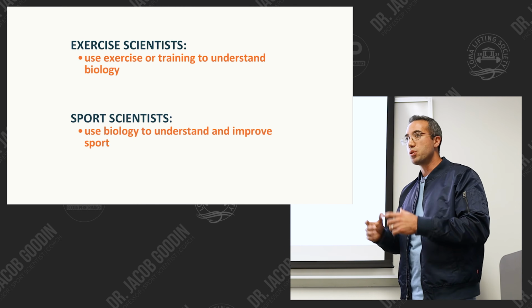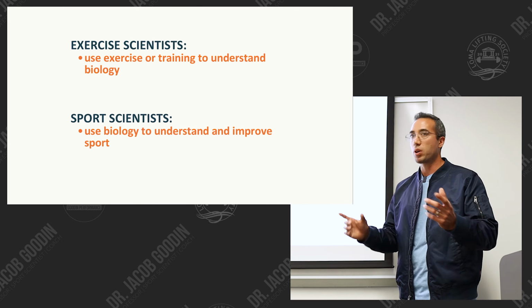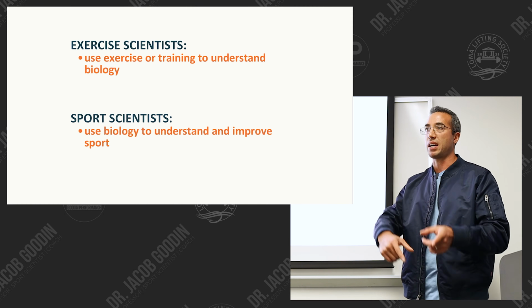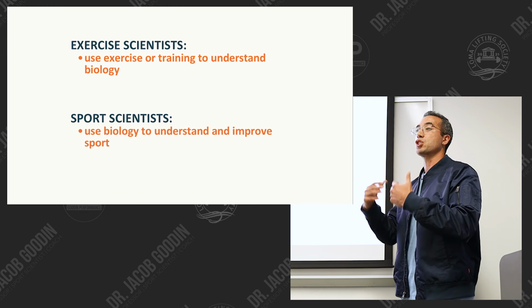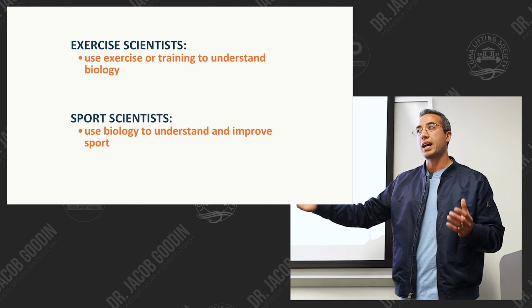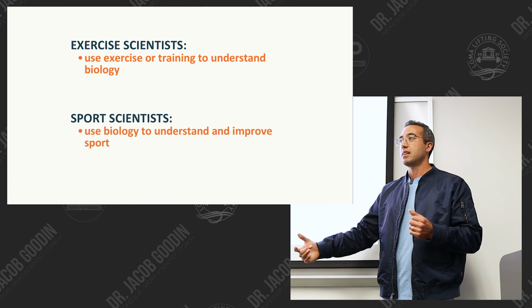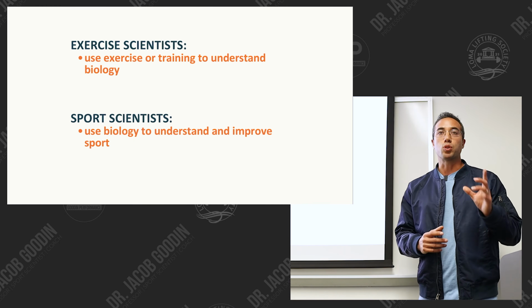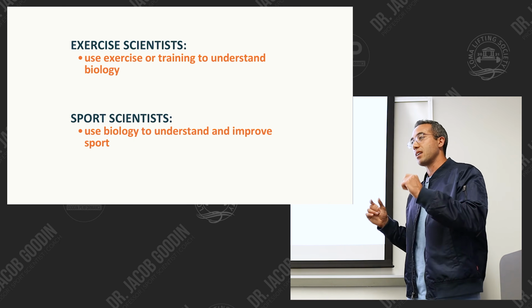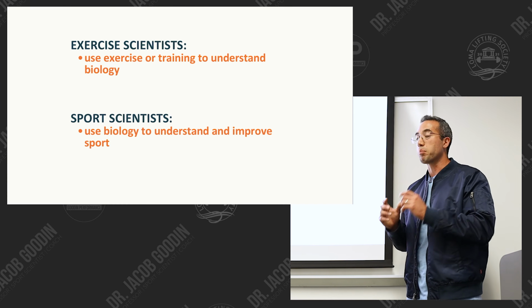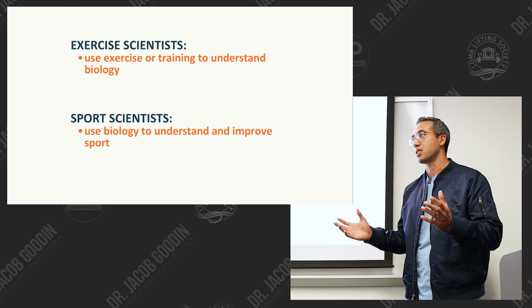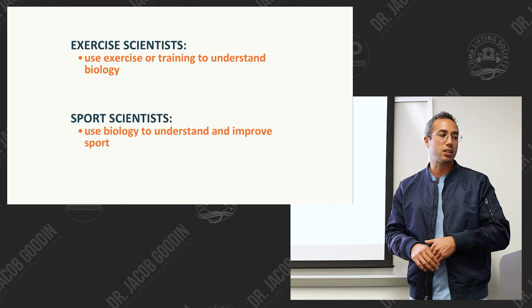Okay, so they're using training interventions, and then they want to know what happens to the human body because of that training, or during that training, or after a longitudinal training program. What are the adaptations? Now, their primary goal is to make discoveries or to make observations that apply to the general population. Okay? Not necessarily to elite athletes.